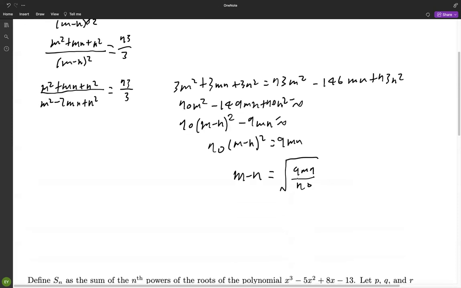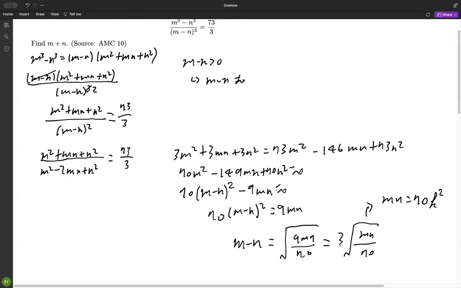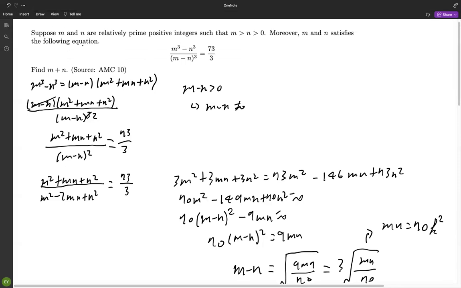So here, we know that it is 3 times root mn over root 70. And this tells us that mn is equal to 70 times some constant k squared. That way, m minus n can be a positive integer. And notice that m and n are positive integers, so that's why I said it like this.